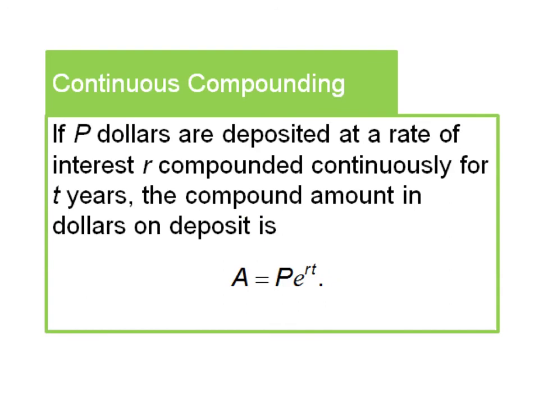So as we approach infinitely many compoundings over the course of a year, we call this continuous compounding. And the way that the equation changes is this.